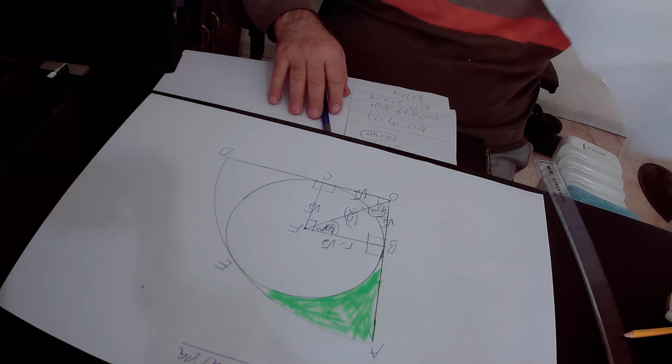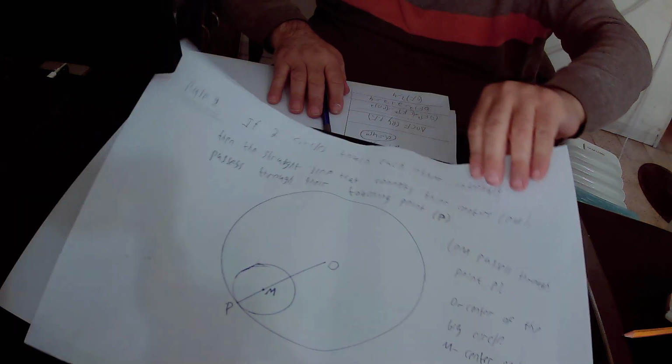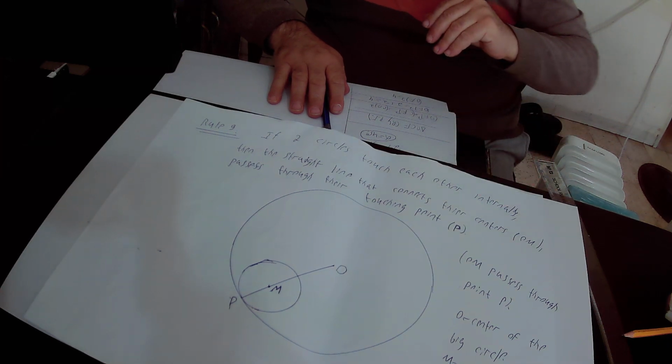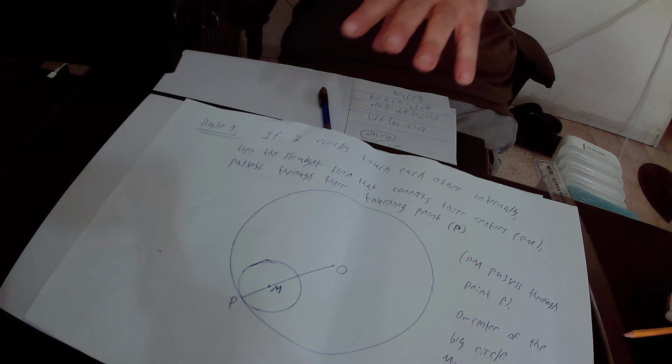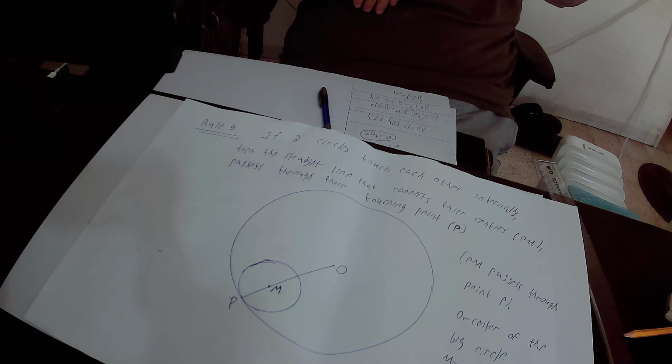According to rule 9, if two circles touch each other internally, then the straight line that connects their centers together passes through their touching point. So in the drawing we have two circles.